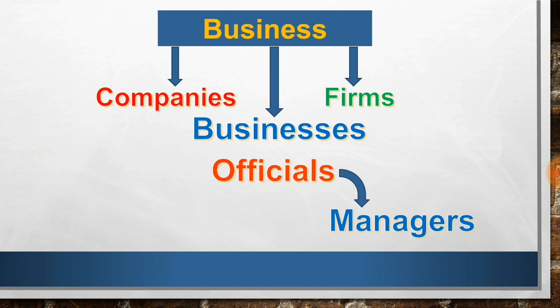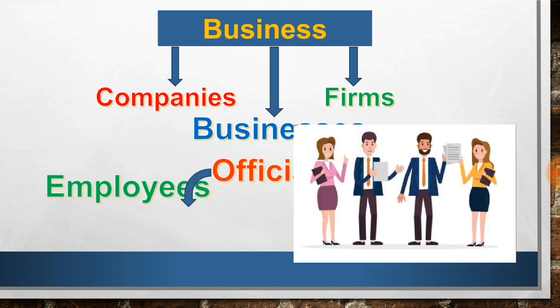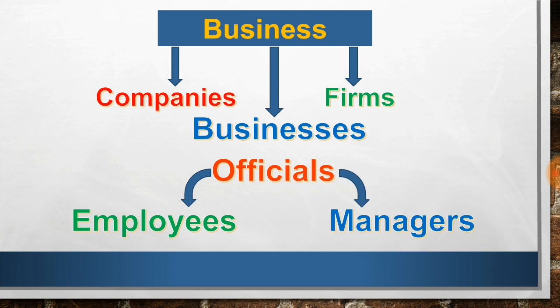We also find employees, who are simple people who work in the company. So, remember, when we talk about business, we are talking about companies, firms, and businesses. They mean the same thing. Inside the company, we find officials, namely managers, and employees.